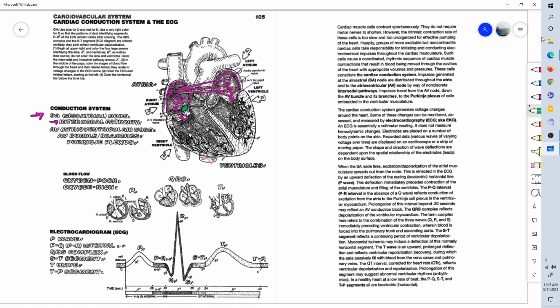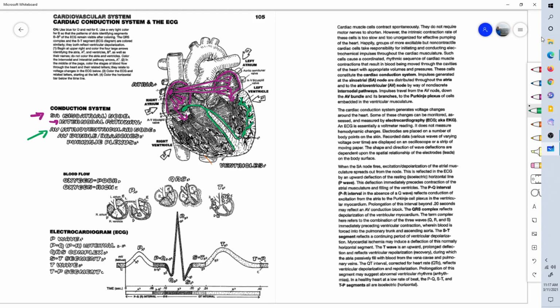The atrioventricular node signal travels down through the atrioventricular septum, or the middle portion here, and travels to these fibers called Purkinje fibers, or the Purkinje plexus. These are specialized fibers in the heart.